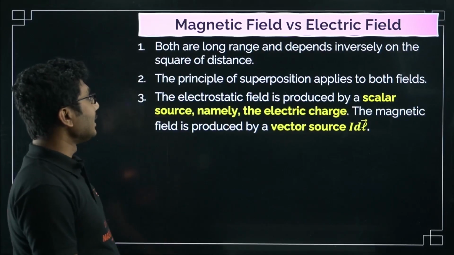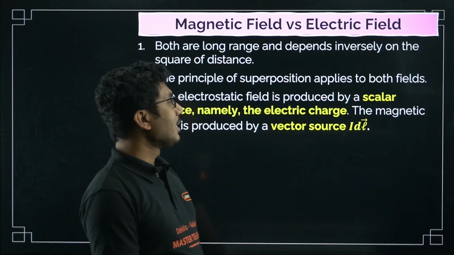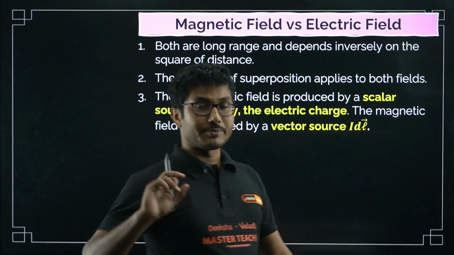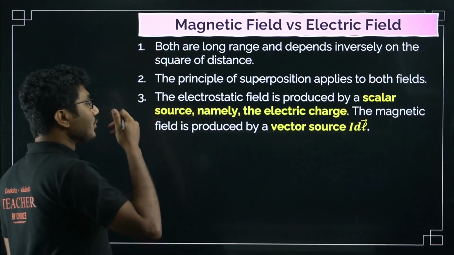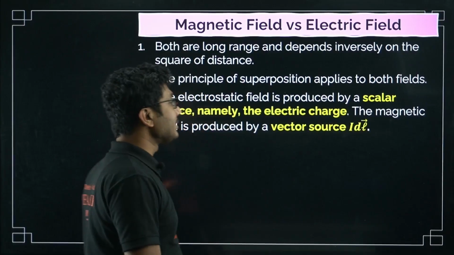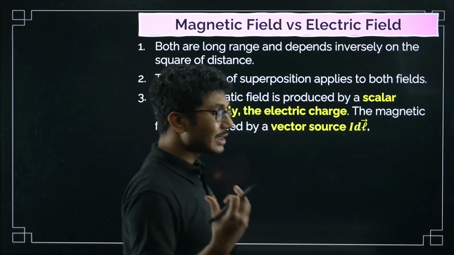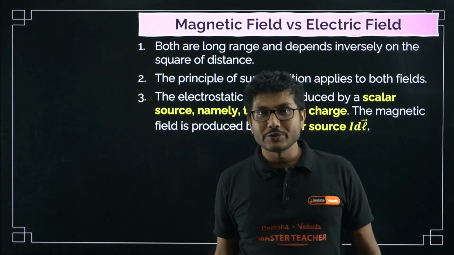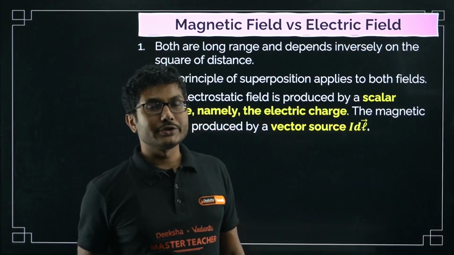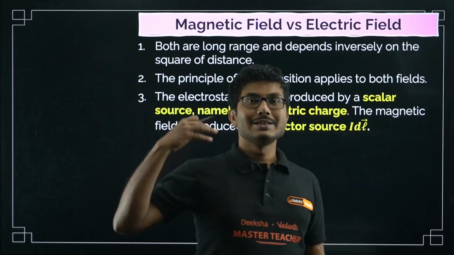Next, the electrostatic field is produced by a scalar source. Very important for objective questions, conceptual MCQs. So which field is produced by a scalar source? Scalar source means, for example, mass. Mass is a scalar quantity and mass produces a gravitational field. So the gravitational field is another example which is also produced by a scalar source.